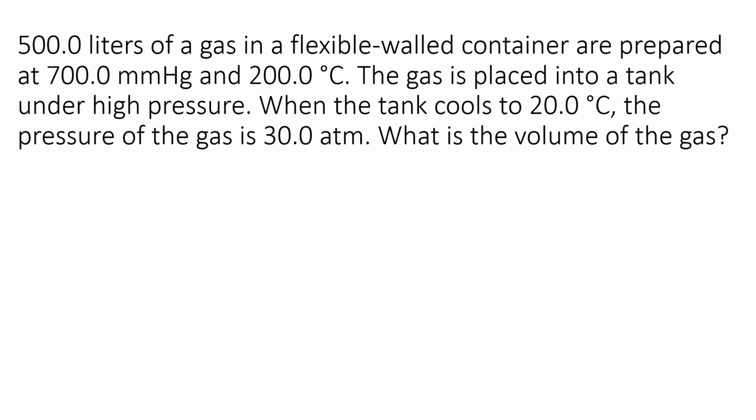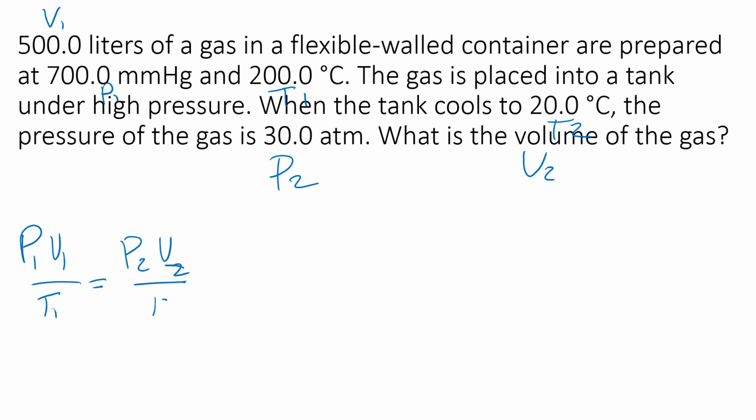So, same law. I won't do the colors for each one because that took a long time. Let's just do this. So, volume 1, pressure 1, temperature 1. The temperature cools down to 20 degrees Celsius. That's my T2. My new pressure is 30 atmospheres, so P2, what is my new volume? So P1 V1 over T1 equals P2 V2 over T2.